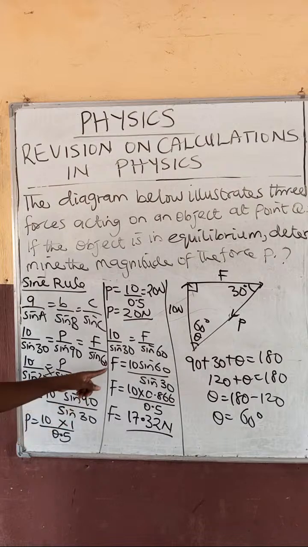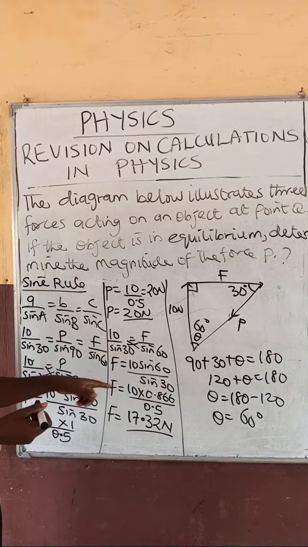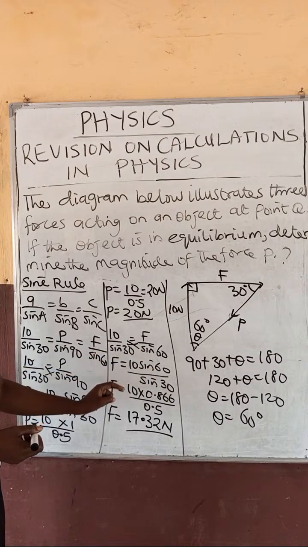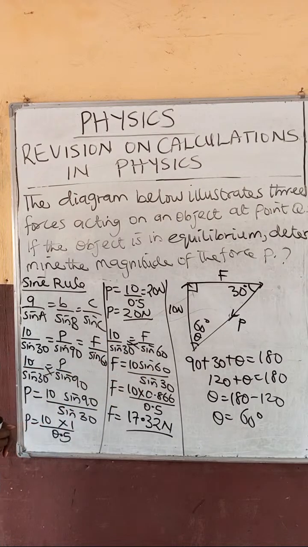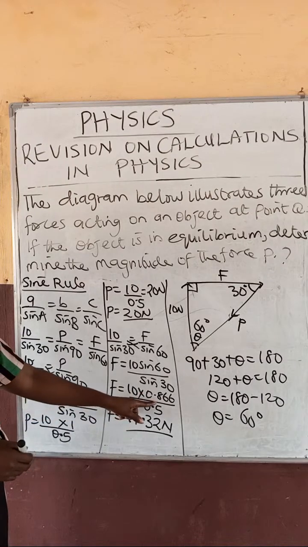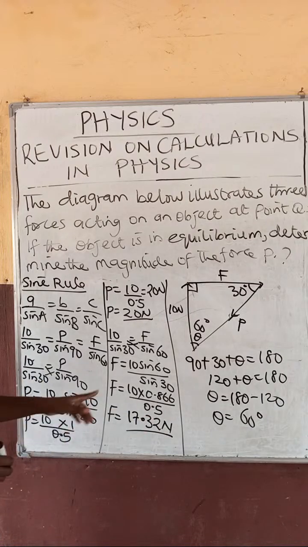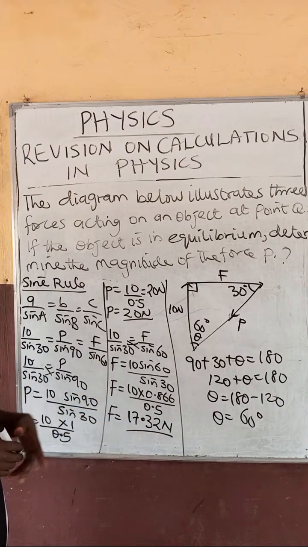Then doing cross multiply, F is equal to 10 sine 60 divided by sine 30. And F is equal to 10 times 0.866 divided by 0.5. By the time you multiply and divide, the answer becomes 17.32 Newton.